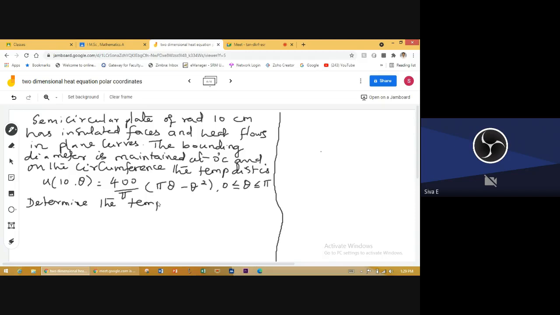Determine the temperature distribution u of r comma theta in the steady state. Okay.